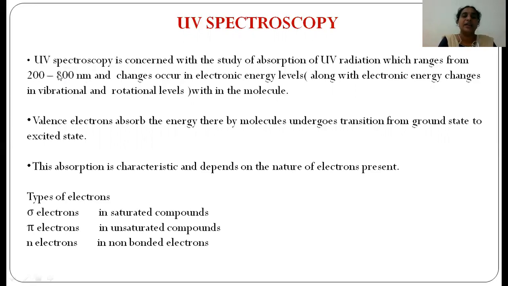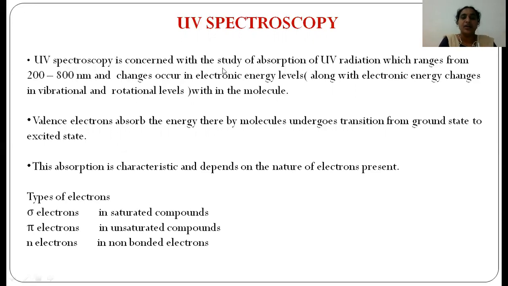Among these, visible radiations are least energetic and ultraviolet radiations are more energetic. Nanometers are the units for wavelength. If the wavelength number is more, then energy or frequency is less.